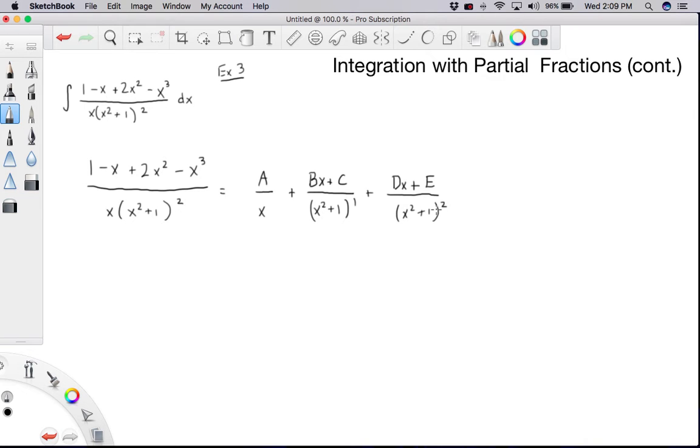So the next thing that I'm going to do, just like we would do in the first 2 examples, is multiply absolutely everything by the total denominator. So that's going to cancel out this on the left, and we'll just be left with this numerator.